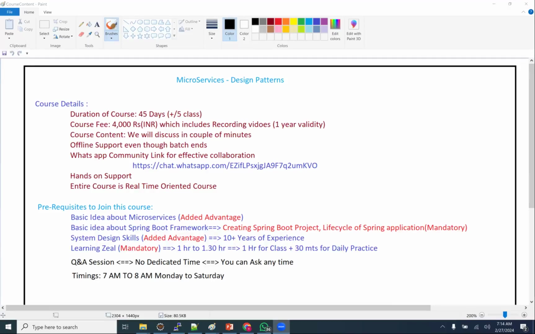The duration of this course is 45 days, and the course fee is 4,000 rupees, including recording videos. If you miss any session, you can watch it at any point of time with 1 year validity.